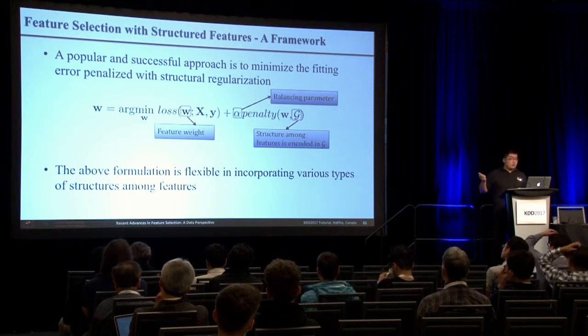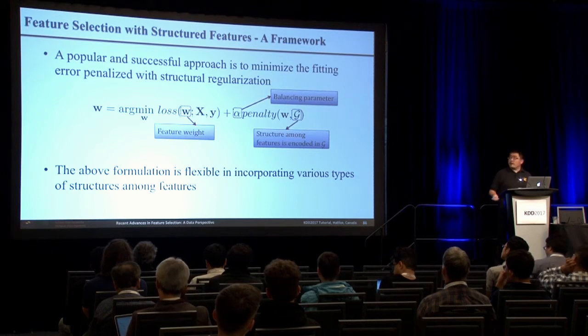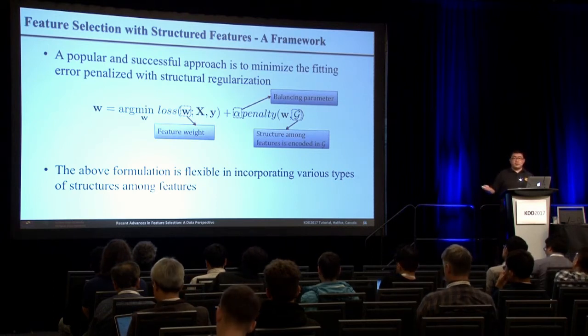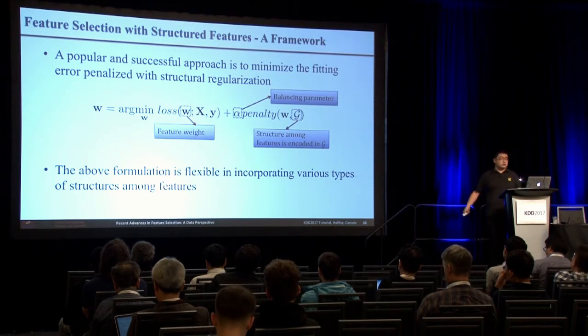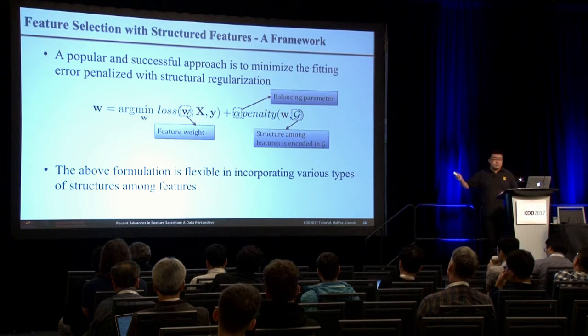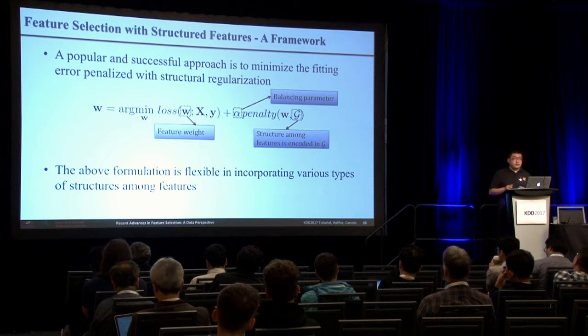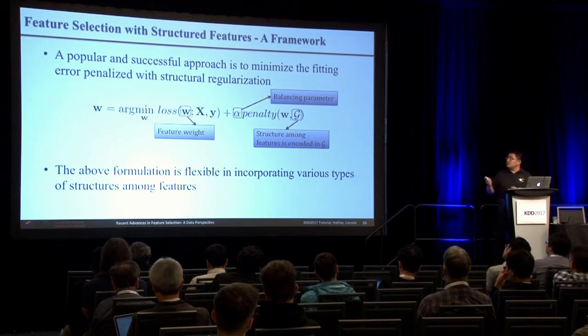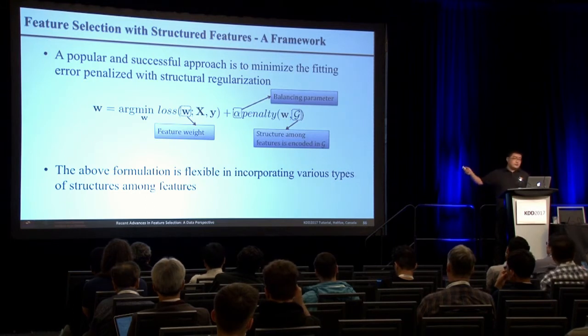It can also be a category for classification. And W is the feature weight. We can use different loss functions, such as least square loss, logistic loss, or hinge loss. The second term is a penalty term. The feature structure is encoded in G. This term says that if the structure in W is inconsistent with the structure in G, the value of this penalty term will be very high, so we want to penalize it.